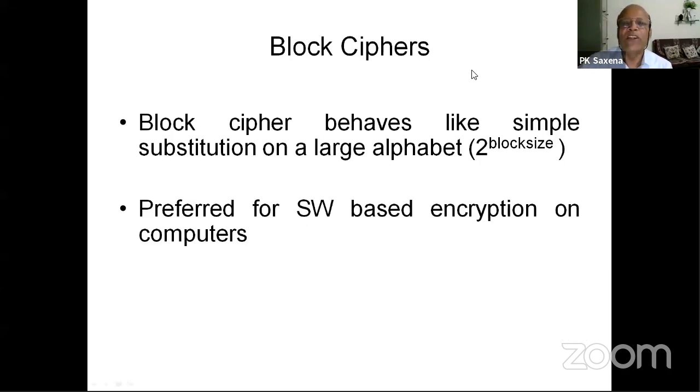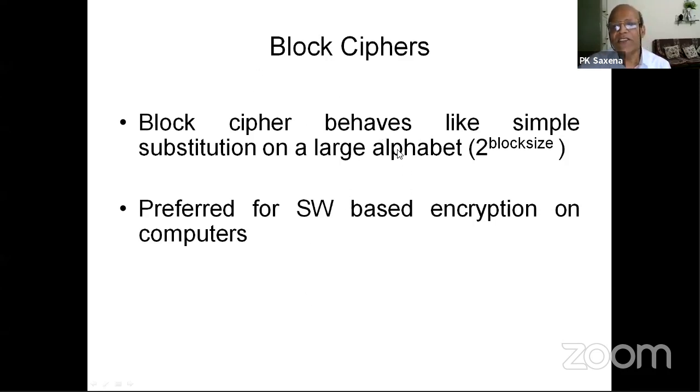So this was about the stream ciphers and the kinds of attacks which are coming up on them. Another classification is the block cipher. In a block cipher, it is not a single bit encrypted bit by bit as in a stream cipher, which was XOR bit by bit, or in substitution, where one character was replaced by another character.